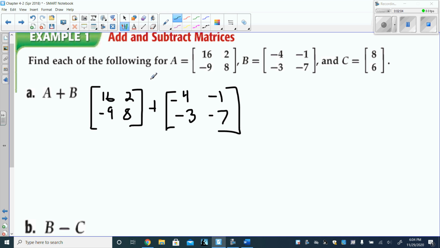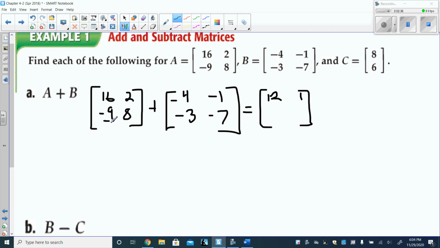Matrix A is a 2 by 2, 2 rows and 2 columns. Matrix B is a 2 by 2, 2 rows, 2 columns. So we can add these together, and we would add corresponding elements. So we do 16 plus -4, which would be 12. Then we would do 2 plus -1, which would be 1.